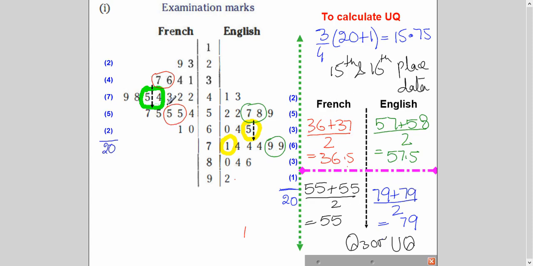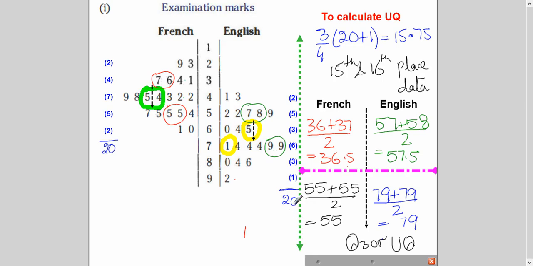But I'm just telling you for the sake of thought: when you have two central data as a median and you have to find the upper quartile and lower quartile, then these two values are divided and become part of the number of data which you have to divide to find the center. So for example, this will become 1, 2, 3, 4, 5, 6, 7, 8, 9, 10. So I have 10 data from which I have to figure out the central value. But if you don't get this concept, no worries. You straight away apply the formula and get the answer.